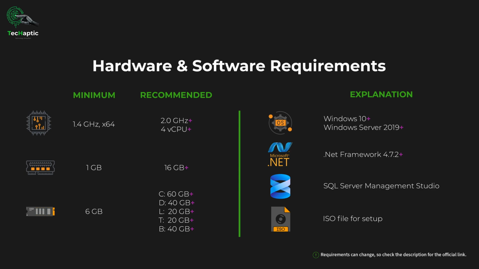Also, for SQL Server 2025, you need to have at least .NET Framework 4.7.2 installed on the server. Along with this, after the installation, we will install SQL Server Management Studio or SSMS to manage our SQL Server. And finally, we need to download the SQL Server 2025 installation media for the setup.